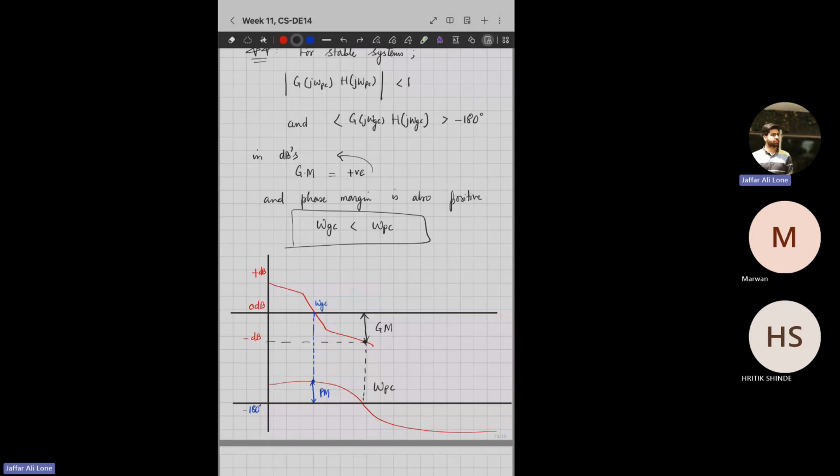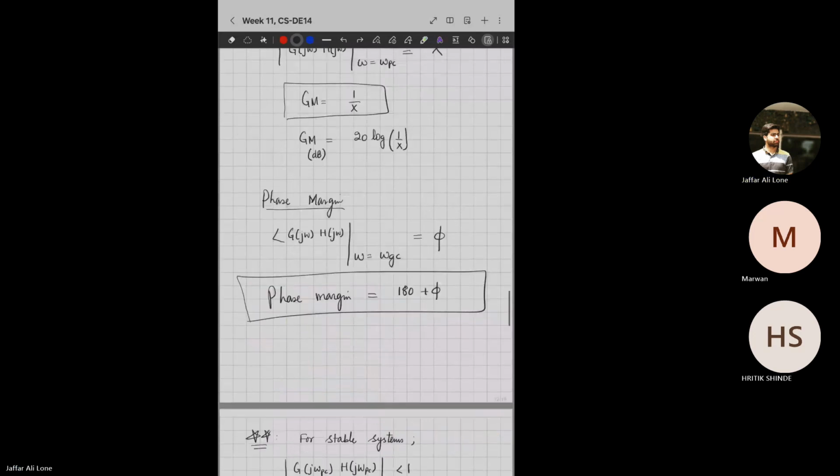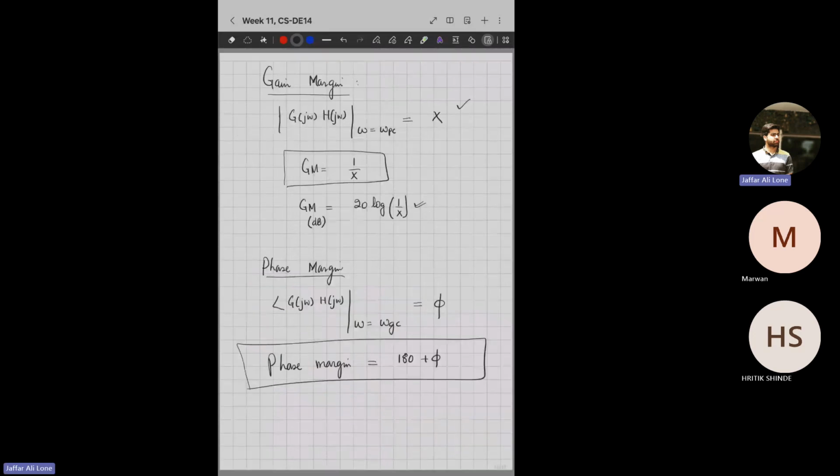So when you solve it, it will be 20 log of 1 minus 20 log of x. This goes to 0. So your gain margin is actually minus 20 log x.